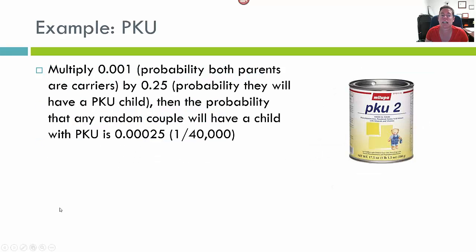We multiply 0.0001, the probability both parents are carriers, by 0.25, the probability that they're going to have a PKU child, because it's a 1 in 4 chance. Then the probability that any random couple will have a child with PKU is 1 in 40,000. So that's how we've calculated out what the probability is.